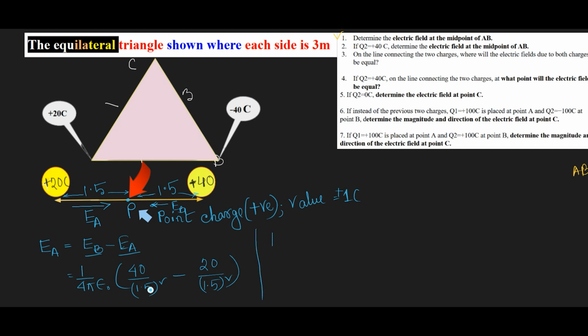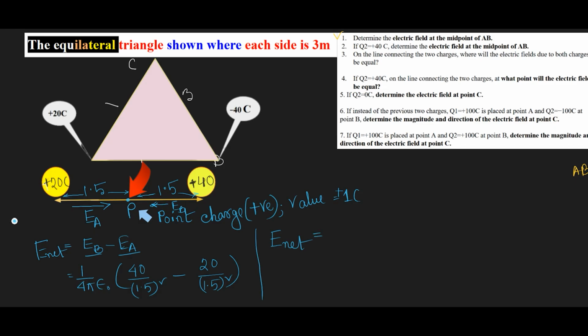So this will actually be E net. It means total electric field. So it will be E net or E total.